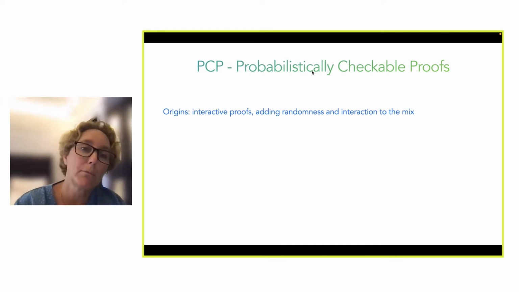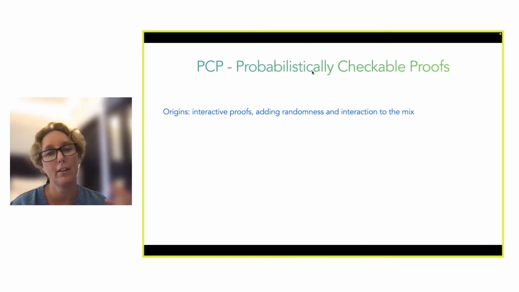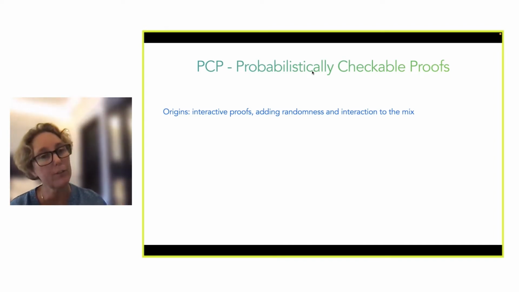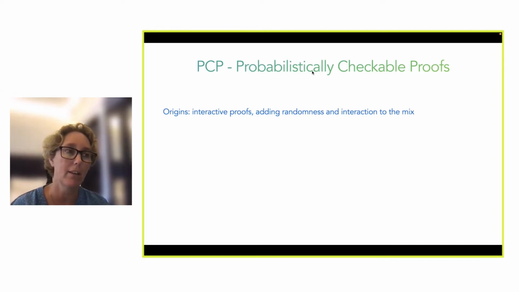The origins come from interactive proofs. People with motivations from cryptography and also complexity started thinking about what other resources you can add to a conventional classical proof. For example, in cryptography, it's natural to think about two parties or maybe more, and they interact.